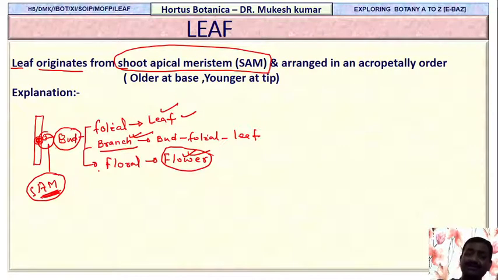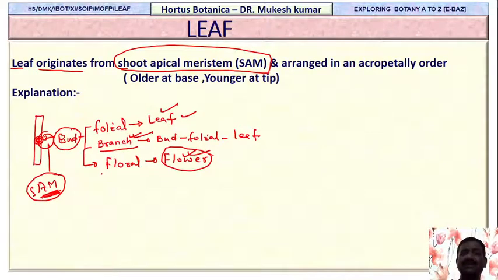So this is also a genetic regulation. On the basis of the requirement of the plant, this will be regulated and expressed, and under such expression, the SAM is responsible to give rise to leaf, branch, flower at the rate of their requirement. That's why this is very important.